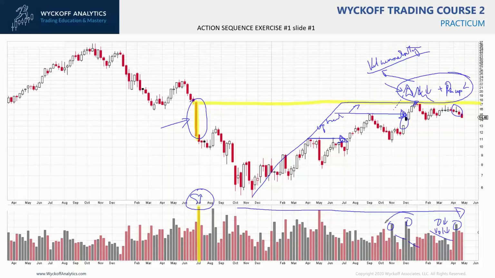Not only that, I think this is a really good observation by John that we're having the increase in the volume signature, and yet the result is shortening of the upthrust rather than more of the upward progression.